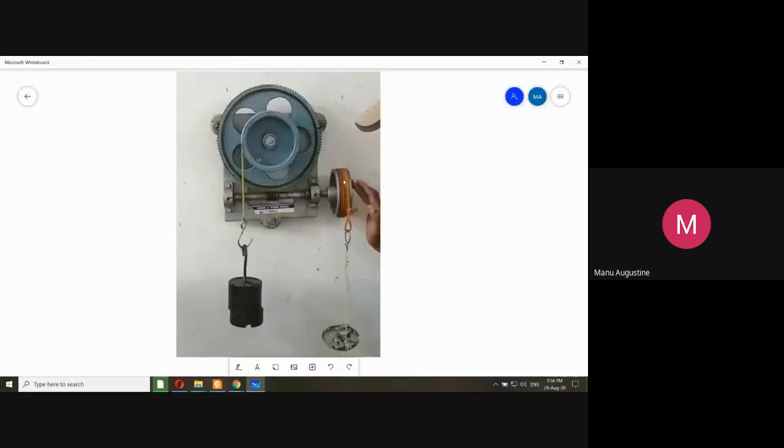So in this image, if I want to find out what is r or where it is shown, then I will say that this is the axis. So that means this distance is capital R, or the radius of the effort arm.